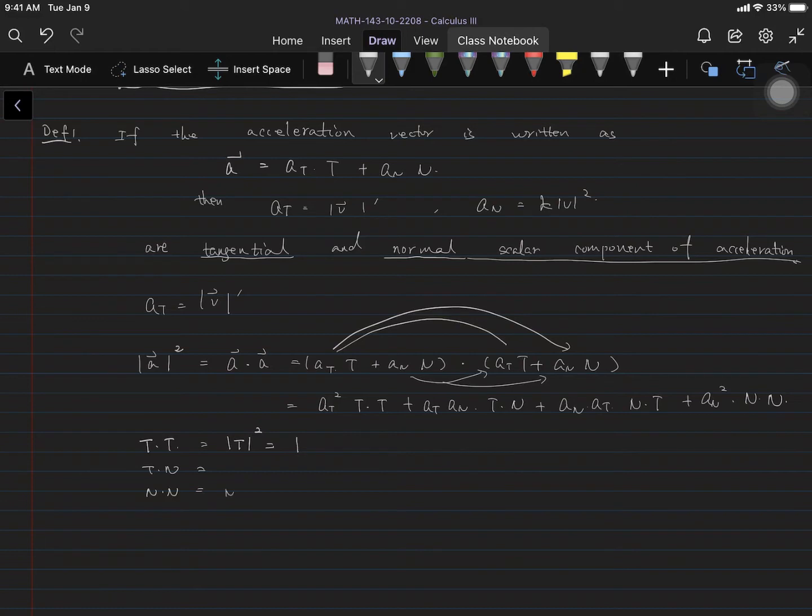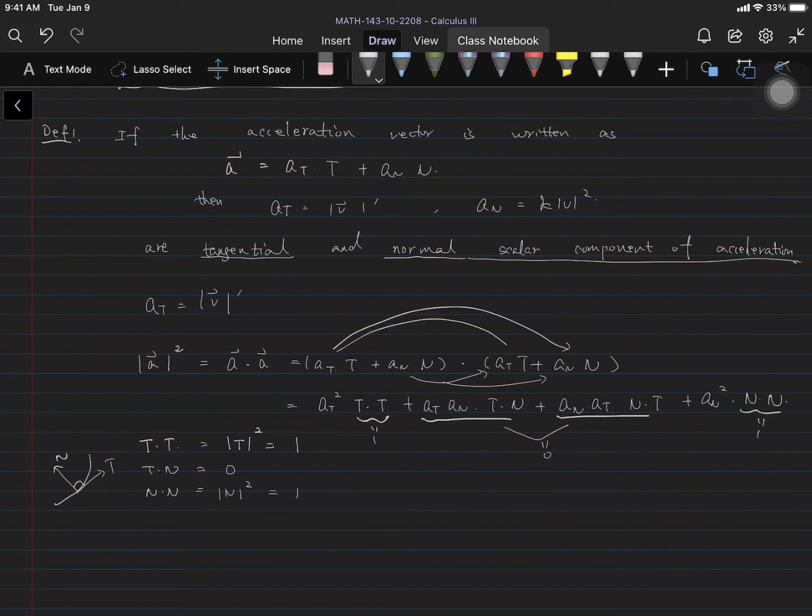The same thing for N, its length squared is also 1. And how about T and N? They are perpendicular, so the dot product of two perpendicular vectors is 0. So these cross terms, N dot T and T dot N, both equal 0, and the other terms equal 1.